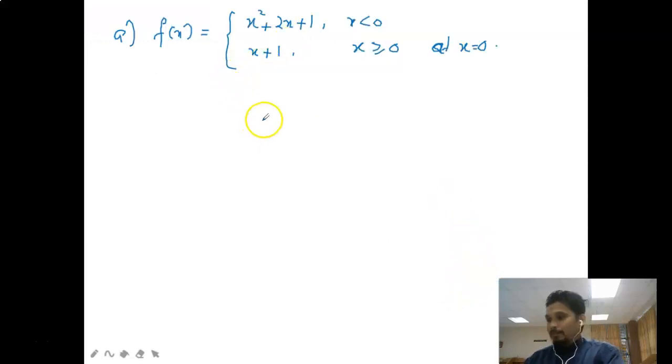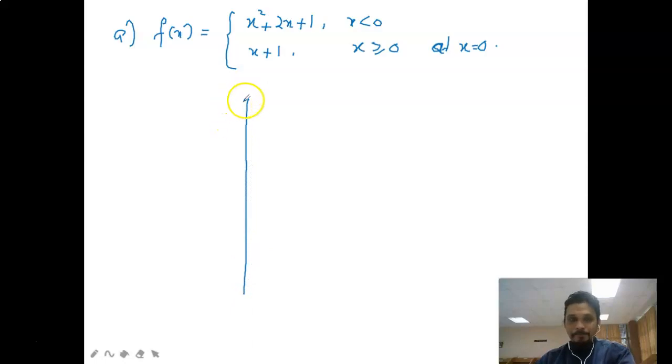Okay, now, for this function f(x), we're going to sketch the line graph of the x-axis and y-axis first.